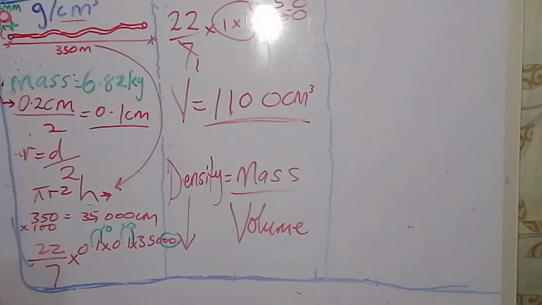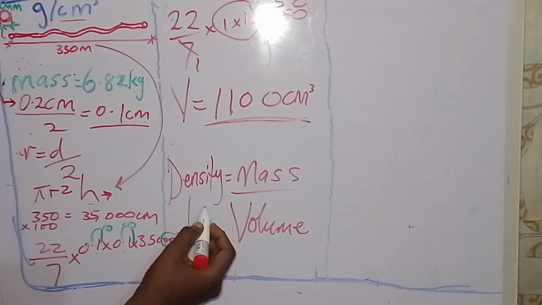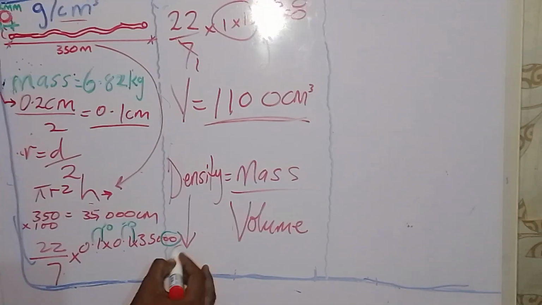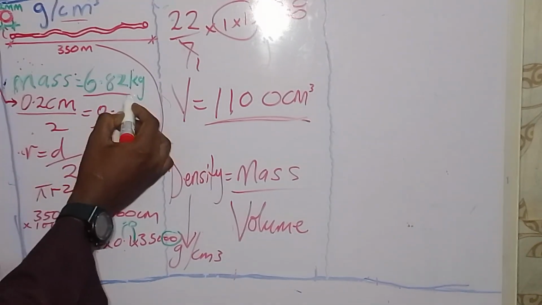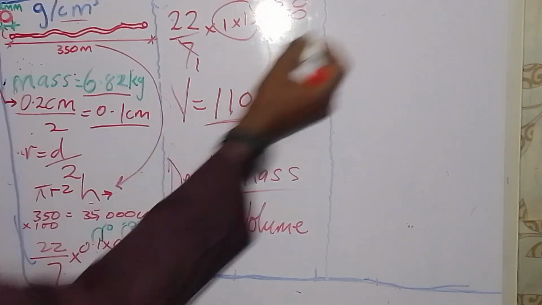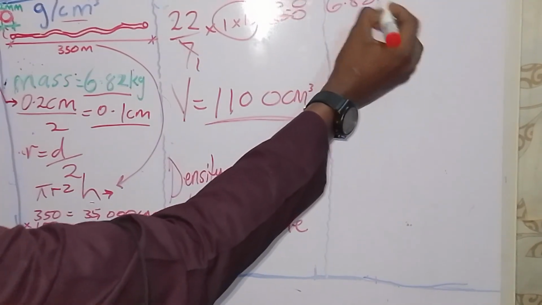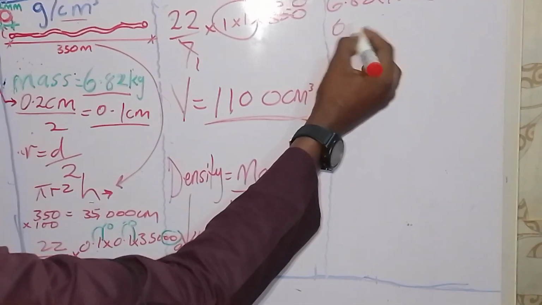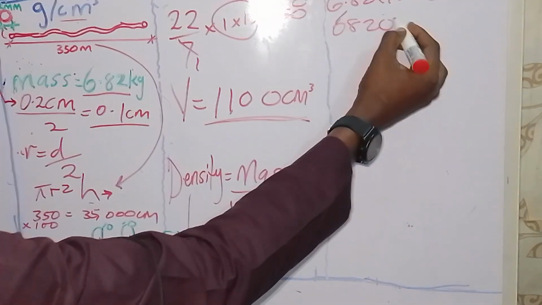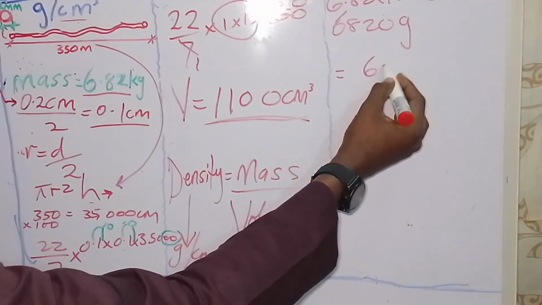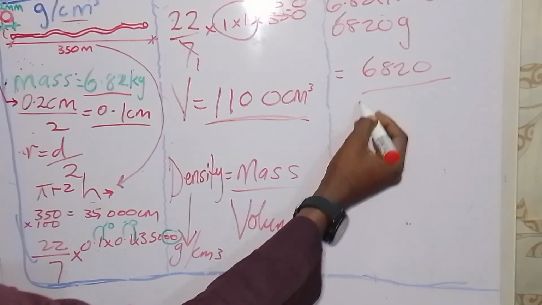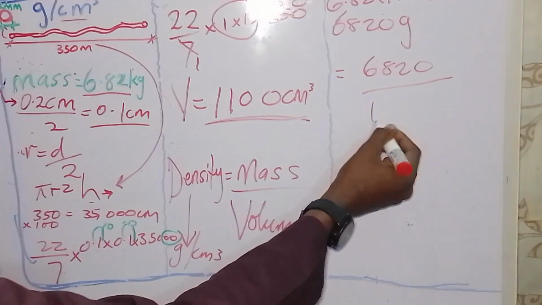Because we are supposed to give our answer in gram per centimeter cube, the mass is 6.82 kilogram. Convert it to gram, times 1,000, it will give you 6820 grams. So our mass is 6820 all over the volume, which we already got, 1100.